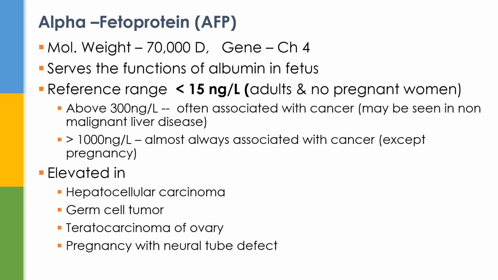Because it is of fetal origin, you can expect this elevation in pregnant women also. Apart from this, you should know the tumors in which this tumor marker is elevated. Commonly it is elevated in hepatocellular carcinomas, germ cell tumors, teratocarcinoma of ovary, and pregnancy with neural tube defect.